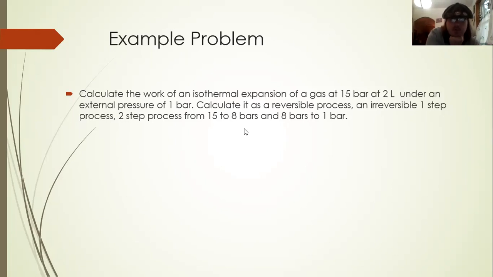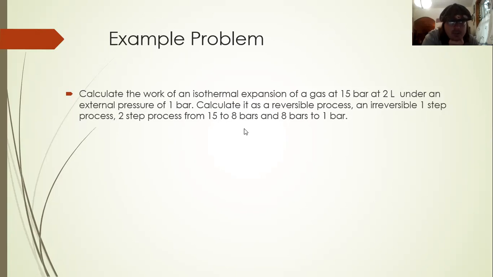As a gas, it's currently at 15 bars. And first step, this is going to be a repetitive step that's going to be annoying as all hell, but it can be done.